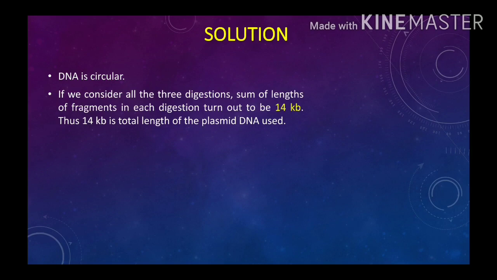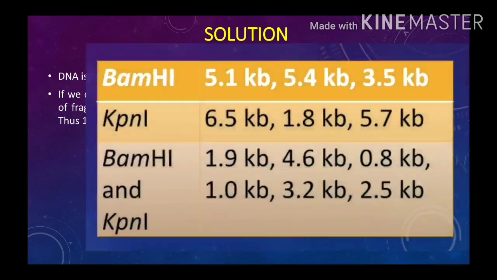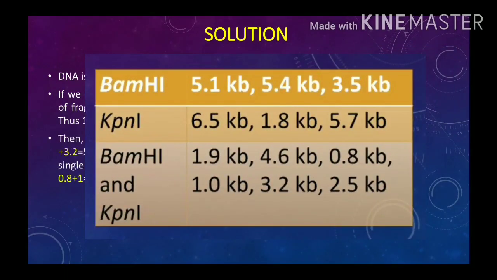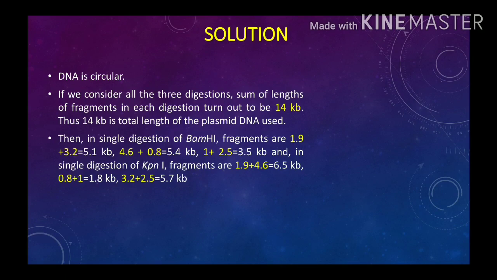And in BamHI, three fragments are produced, and they are 5.1, 5.4 and 3.5 kb. The 5.1 kb fragment is further digested into 1.9 and 3.2 kb fragments, and the 5.4 kb fragment is further digested into 4.6 and 0.8. The 3.5 kb fragment is further digested into 1 and 2.5 kb.